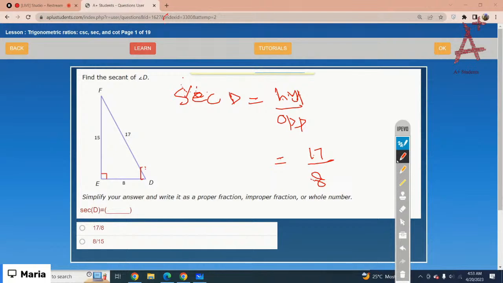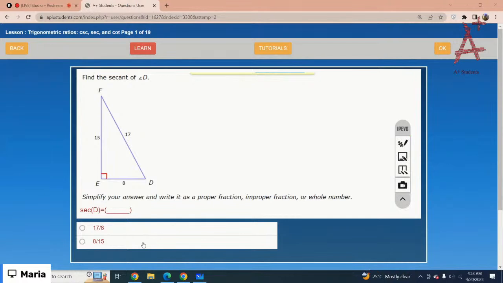Got it? So the correct option is 17 over 8.